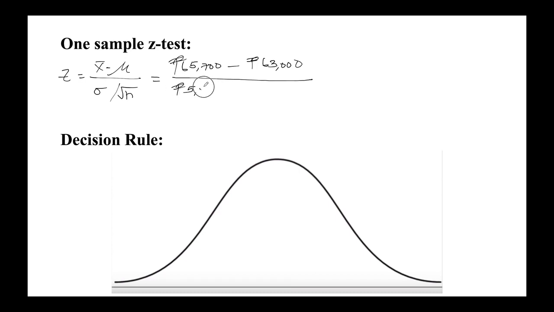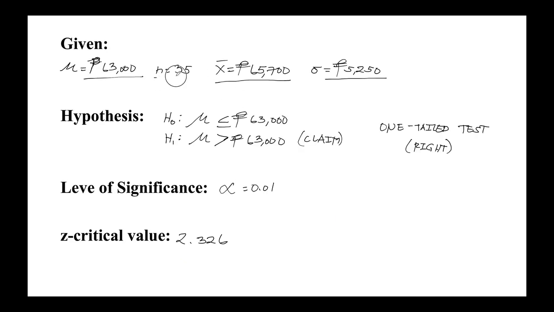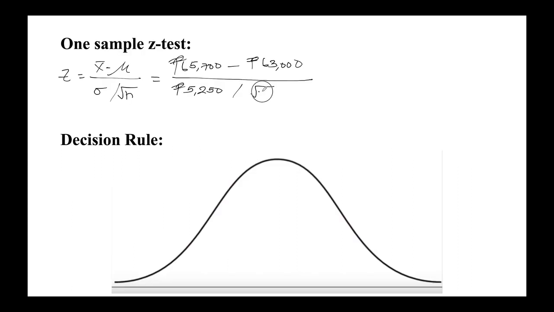5,250 divided by the square root of n, which is 35. I hope you are all aware kung paano ginagamit ang ating scientific calculator. You can actually direct this sa calculator, and it will give us a result of 3.043.